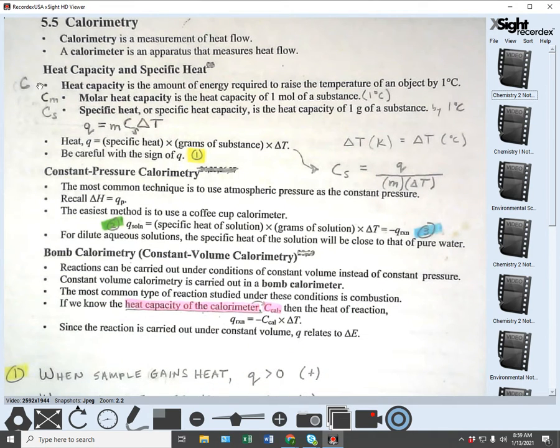The molar heat capacity is the heat capacity for 1 mole of the substance, to raise it by 1 degree Celsius. That's why the 1 degree Celsius is in parentheses here. Specific heat, C sub s, or specific heat capacity, same thing, is the heat capacity of 1 gram of a substance, the amount needed to raise 1 gram by 1 degree Celsius.